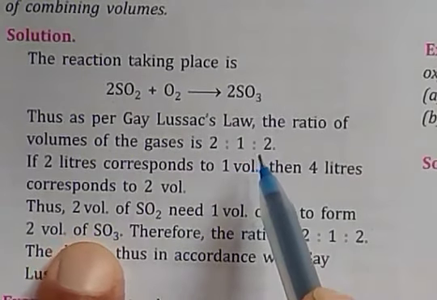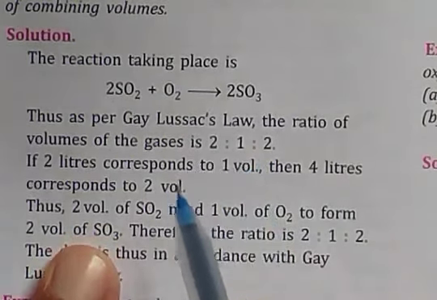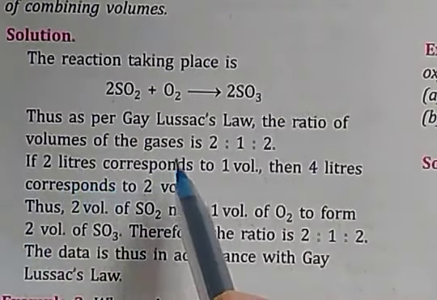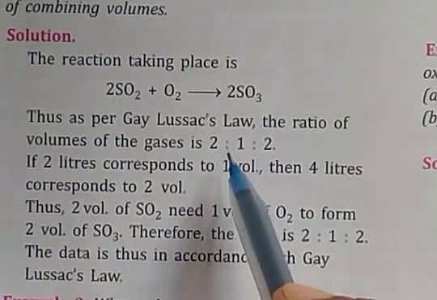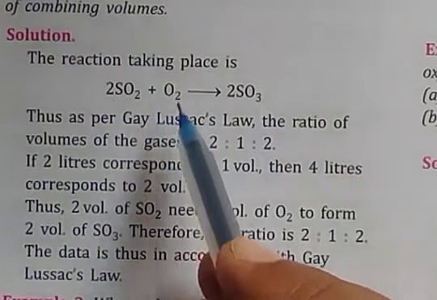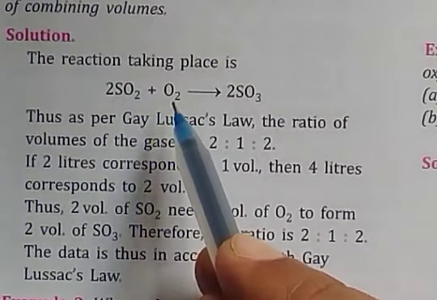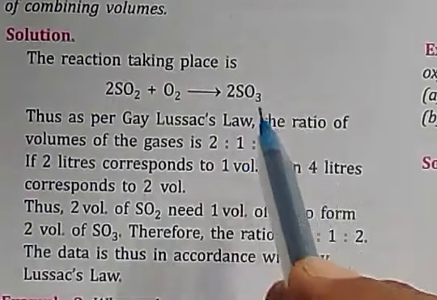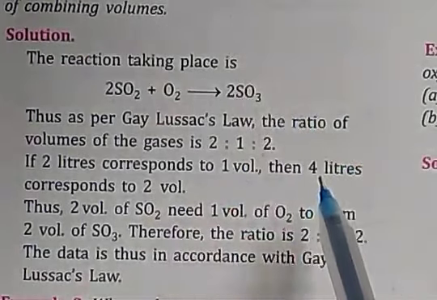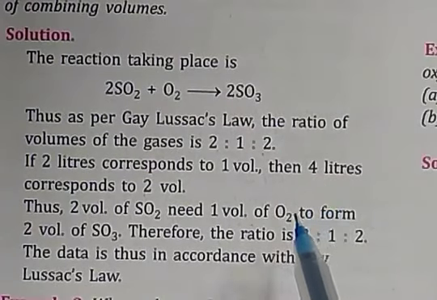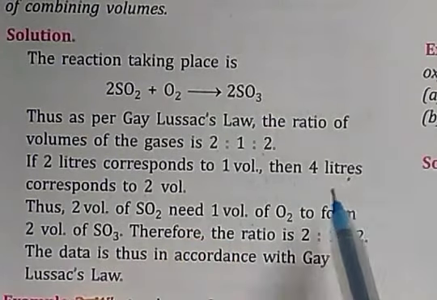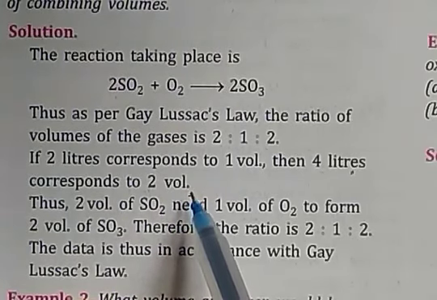Now it means that 2 volumes of SO2 correspond to 1 liter volume of oxygen, and according to the question, 4 liters of sulfur dioxide combine with 2 liters of oxygen. So 4 liters of SO2 correspond to 2 liters of oxygen.